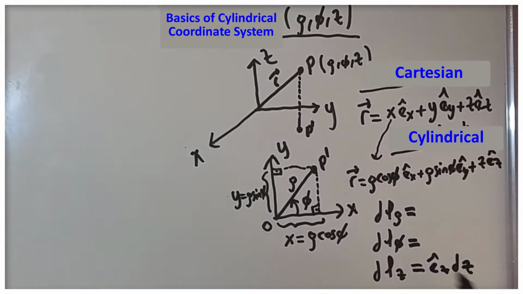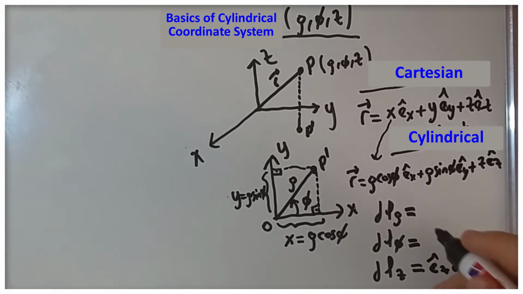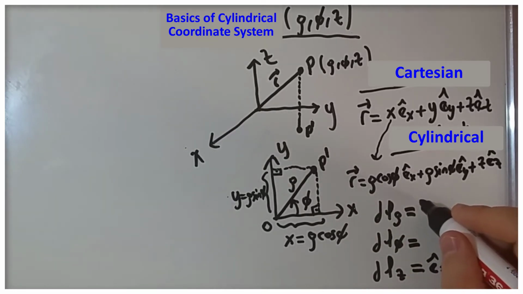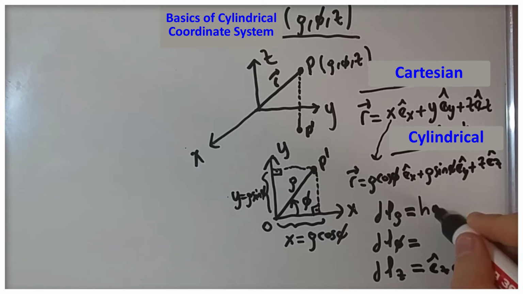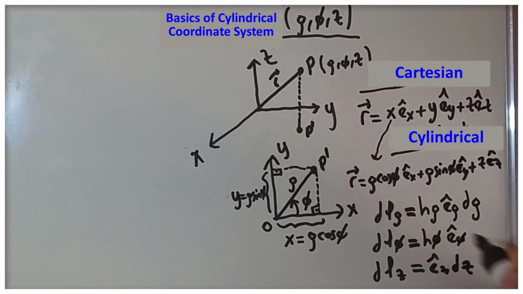I did not give it because we did not need to write all of them in the previous Cartesian, which we call a matrix. But I say this as this is the point where the subject is more important. These are normally written as h rho, e rho, and here as h phi, d phi in the direction of e phi. So, how do I find h rho and h phi here?